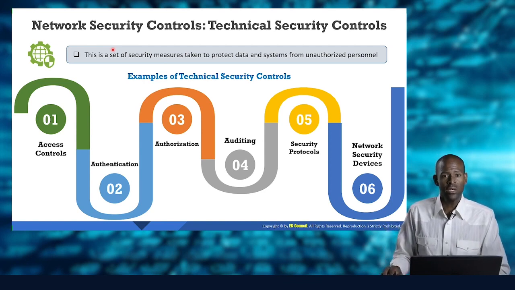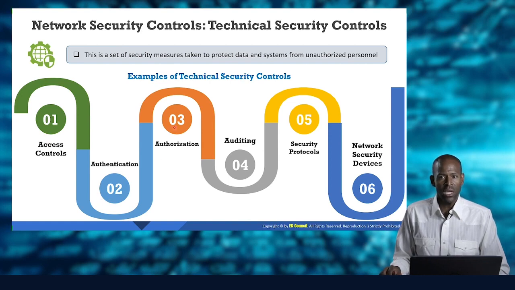So for instance, first of all, I have to go through an access control. All right, now you need to authenticate and authorize. And while you're there, we're going to audit. Make sure we know who logged in, when they logged out, what application they used, how long they were there, if it failed, if it was a success. We're also going to see what protocols are in use in terms of security protocols.